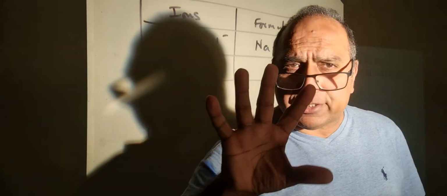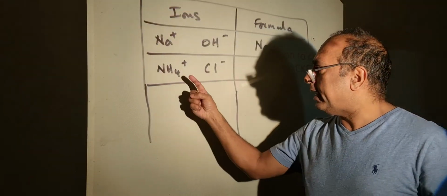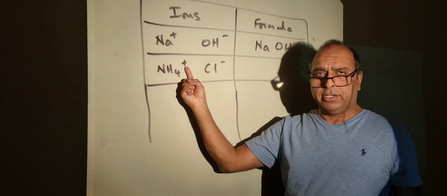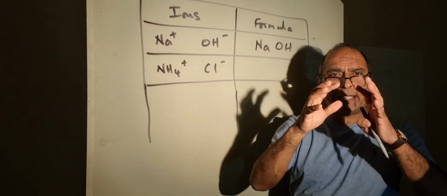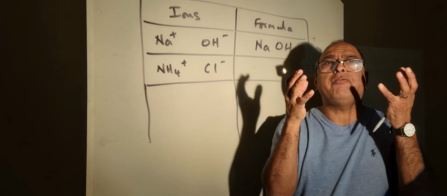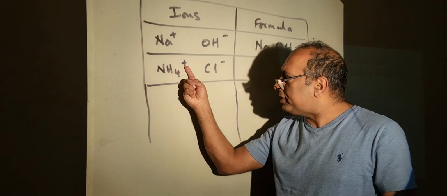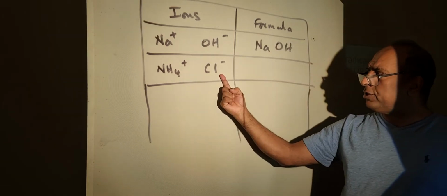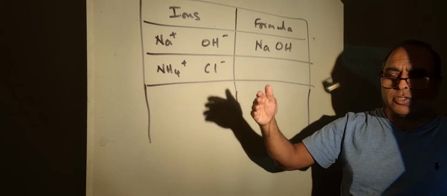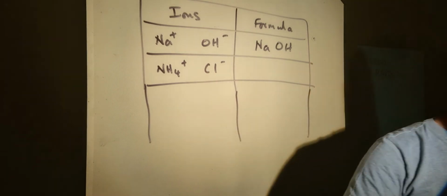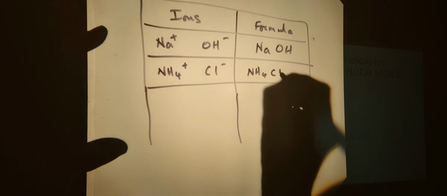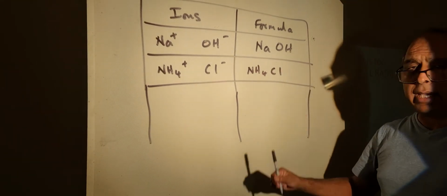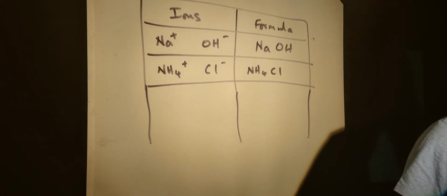Those 5 atoms together can have a charge of 1 positive together as a group, as a radical. So how many chlorides do you need? Well, 1 to 1. How do you write it down? You just write ammonium NH4Cl. Formula NH4Cl.